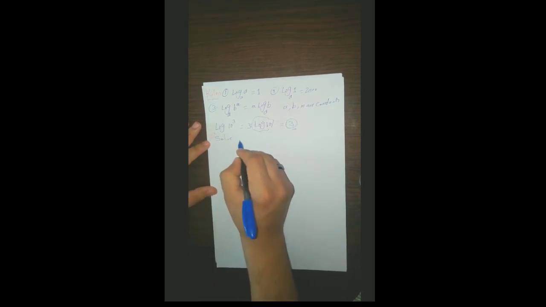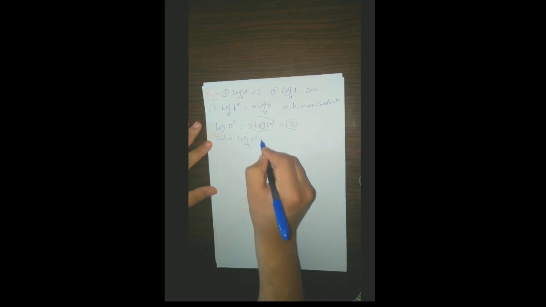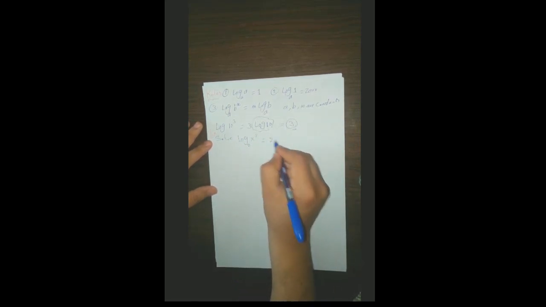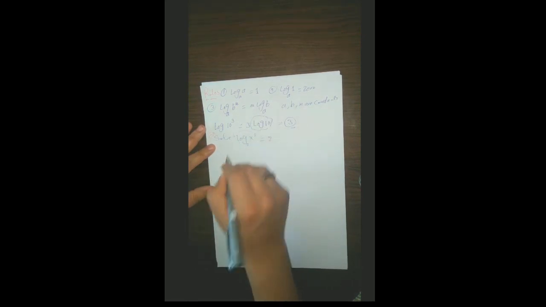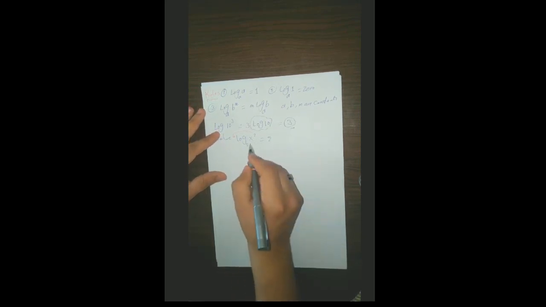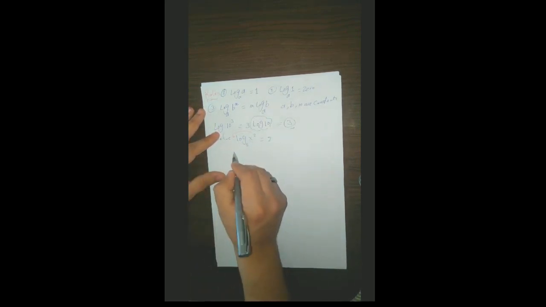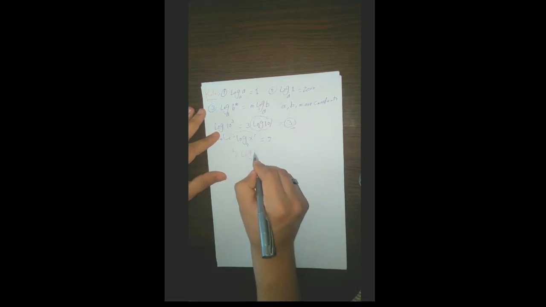But if I asked you to solve log base 2 of x squared equals 2, we have a different technique. I take out the 2 and put it before the log, and I put the absolute value here, so this is equal to 2 log base 2 of the absolute value of x equals 2.